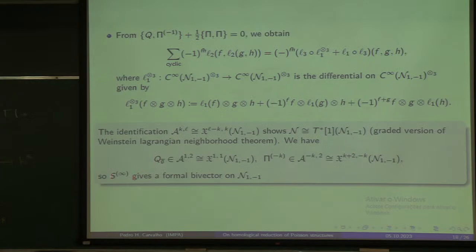So this guy here is a formal bivector on this manifold, and this connects with what people call P-infinity algebras, and also the zero-shifted Poisson algebras. It satisfies that the bracket with itself is 0, and it's a formal sum.